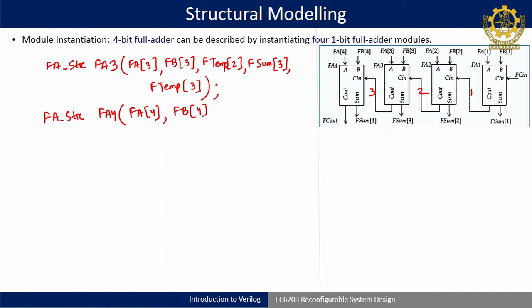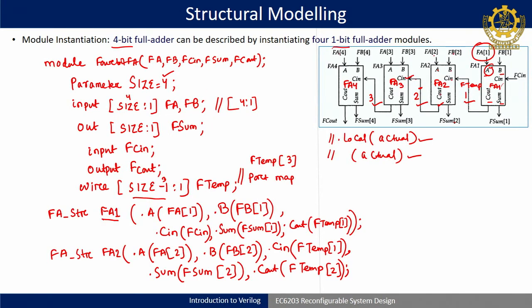Then FB4, then Cin is connected to ftemp 3, then sum is connected to fsum 4, then finally Cout is a single bit, so it is connected to only FCout, bracket and semicolon. Okay, then you can end the module. Endmodule without semicolon. Got it?